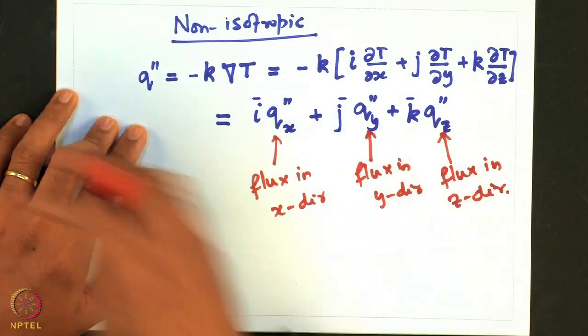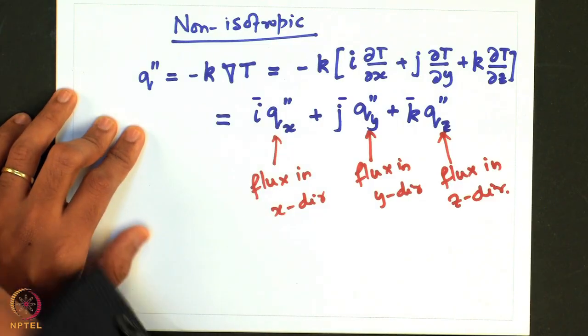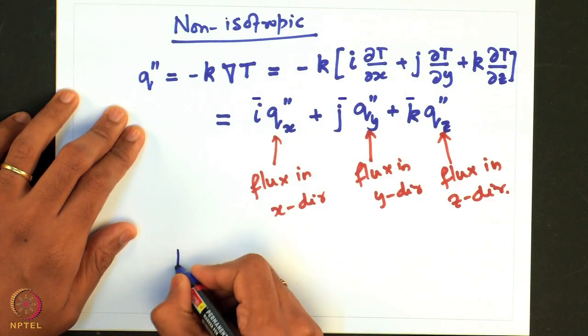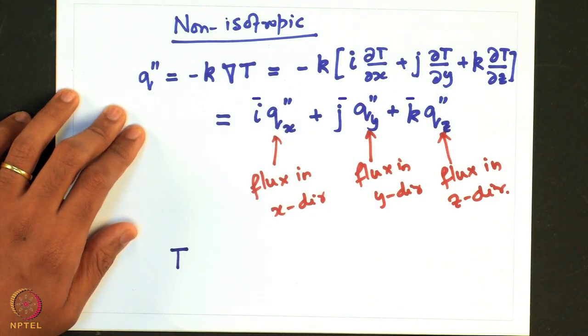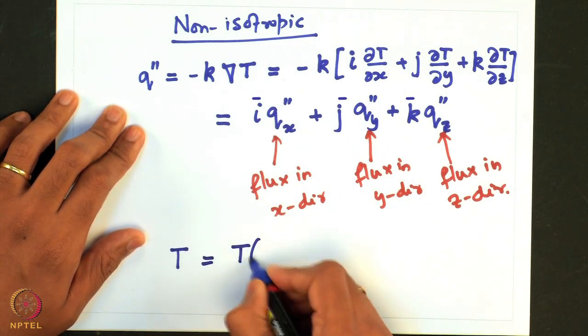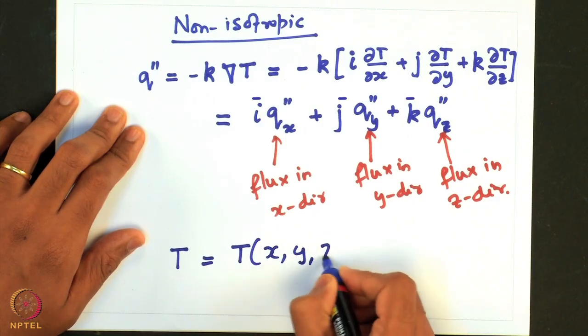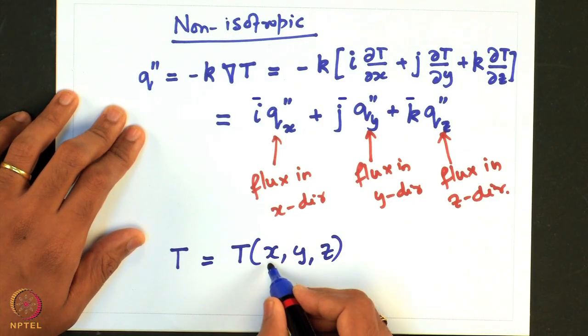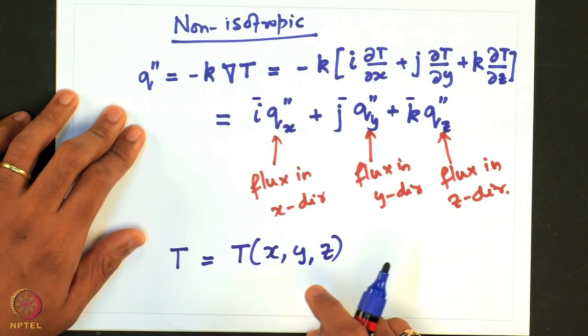From here it is clear that the temperature in the material being considered is a function of all three positions, x, y and z, with x, y and z being the position inside the solid.